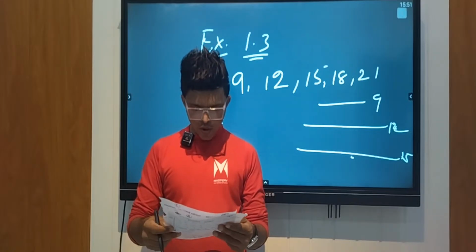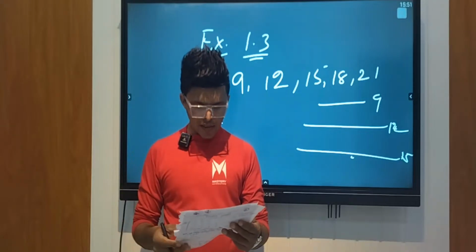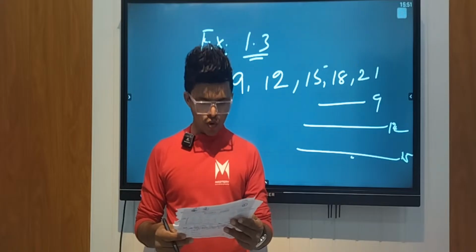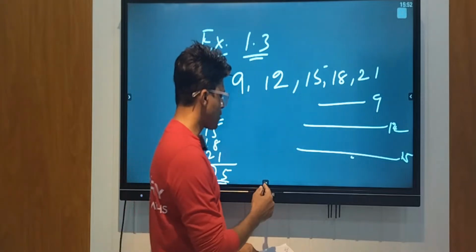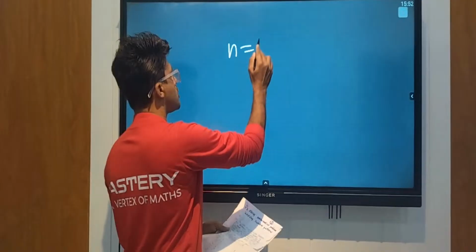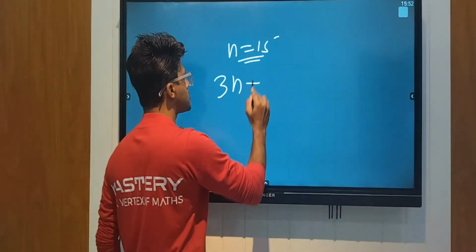Also you need to get the number of seats in the 15th row. For the 15th row, substitute n equals 15 into 3n plus 6.